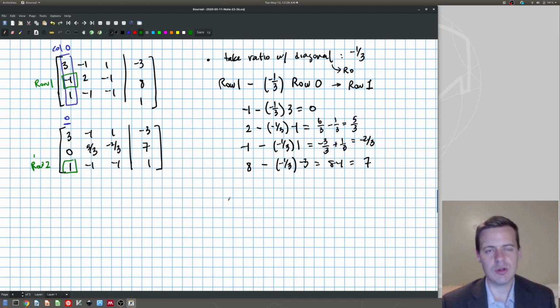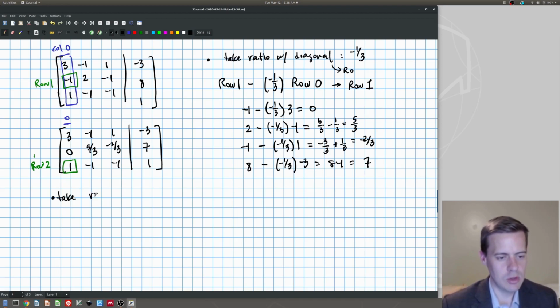Okay, and remember, I'm trying to do something systematic. So I'm going to do the same thing that I said before. I'm going to take the ratio with the diagonal. Okay, so that ratio is now 1/3.